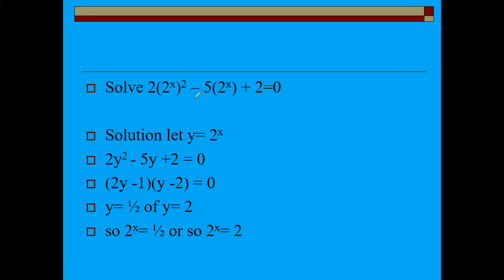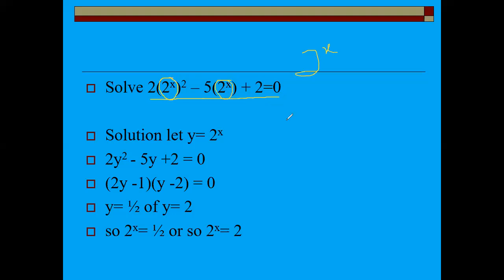Now, if I give you this question to solve, it looks like a quadratic equation, but it is not. It's not because this is an exponent here. 2 raised to the power x is an exponential function, and then this is also exponential, so it is not algebraic.